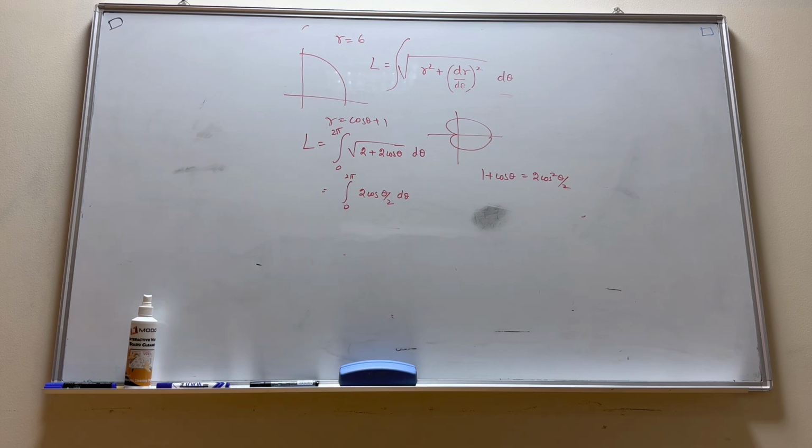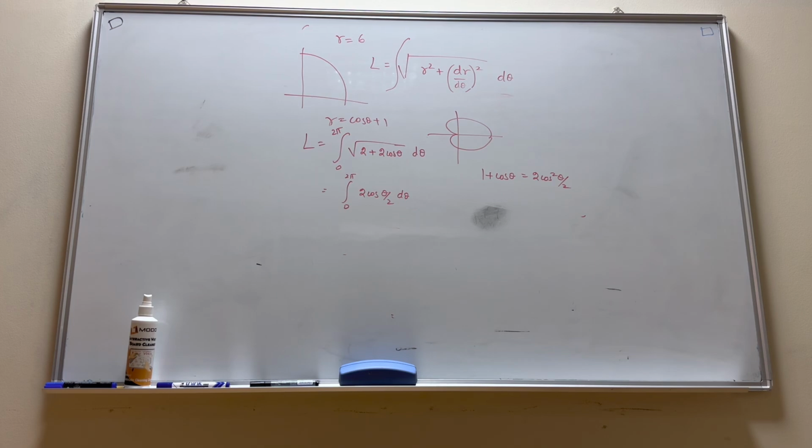Sine theta by 2 divided by 1 over 2, which would then become 2 sine theta divided by 2.